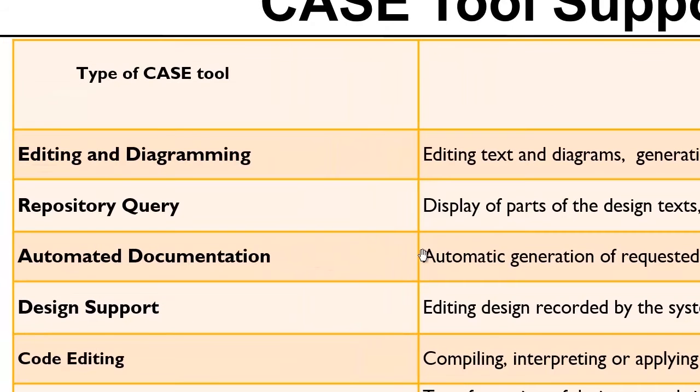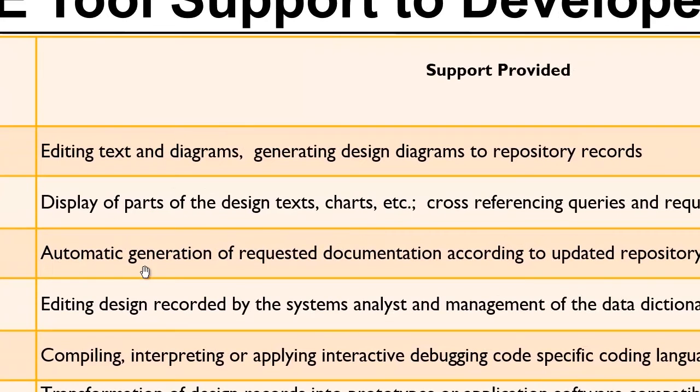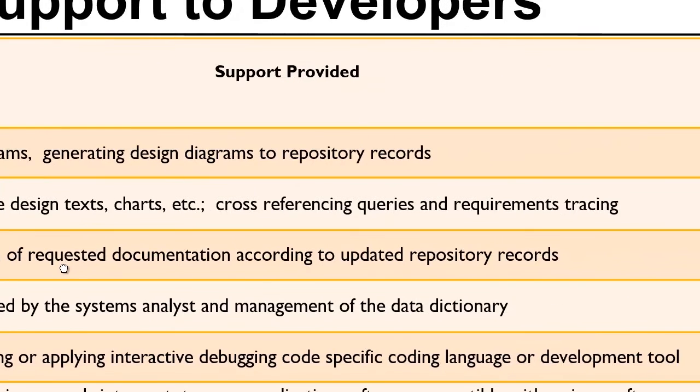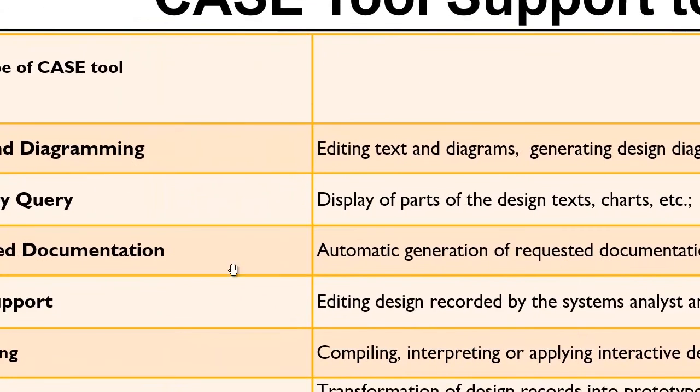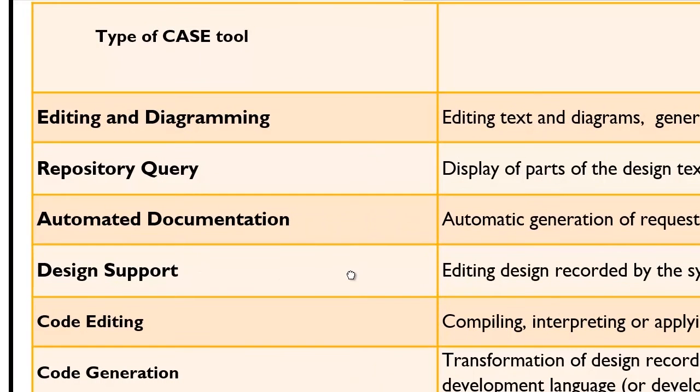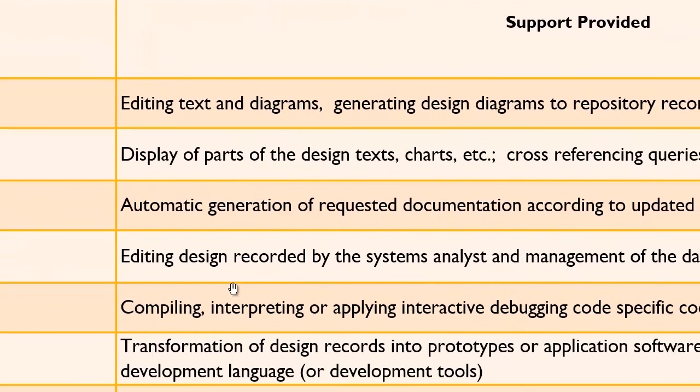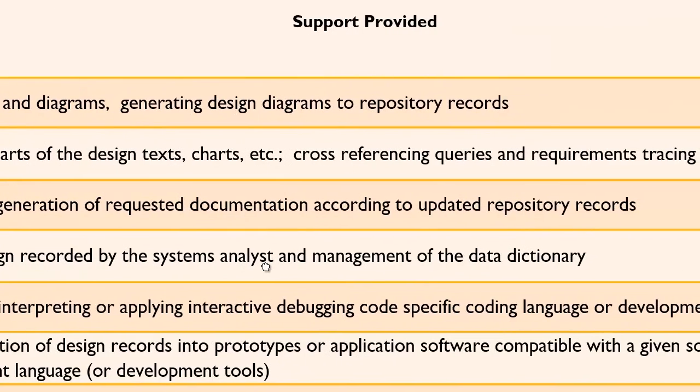Automated documentation. The support provided is automatic generation of requested documentation according to updated repository records. Design support: editing design recorded by the system analyst and management of the data dictionary.